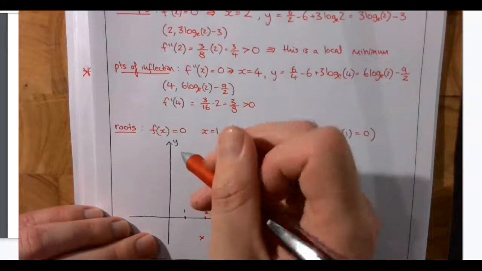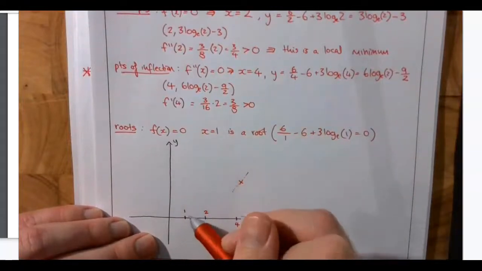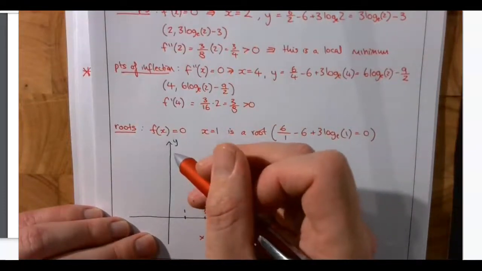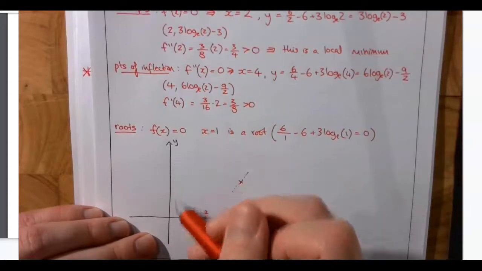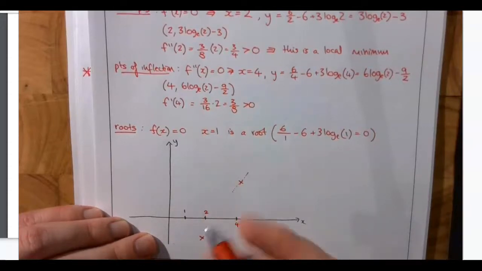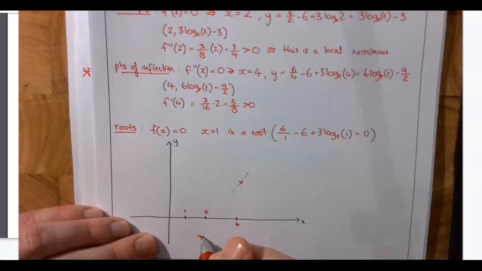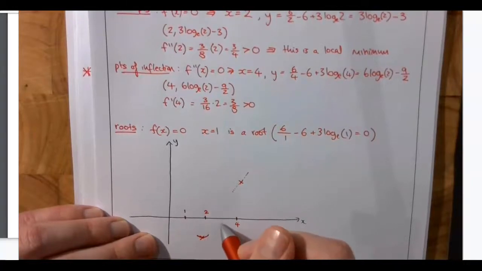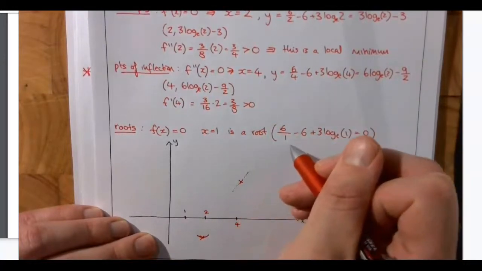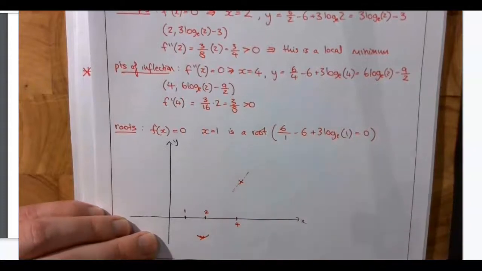So we're going to have a function that somehow has to have an asymptote, and then a minimum point here, meaning it's got to look like this, and then a point of inflection at this point here.